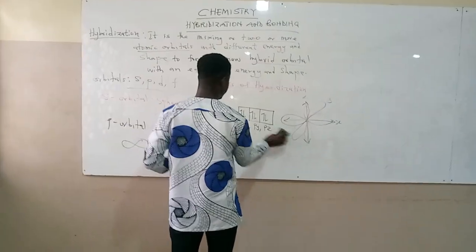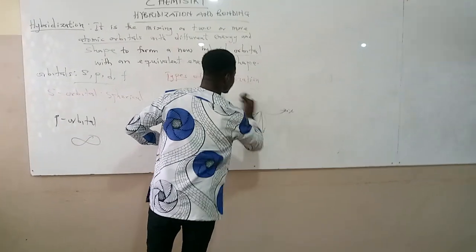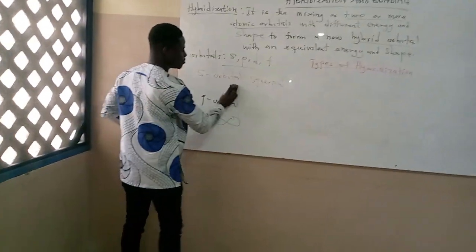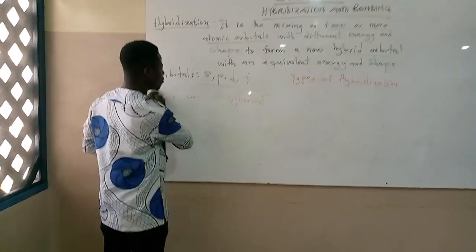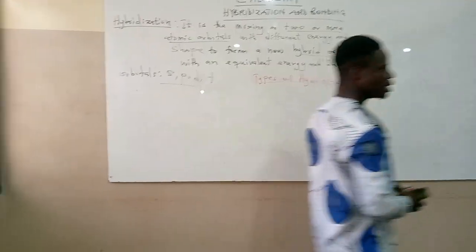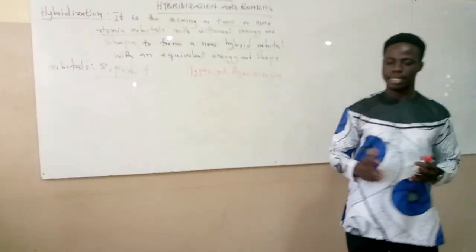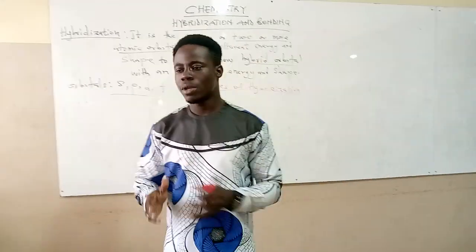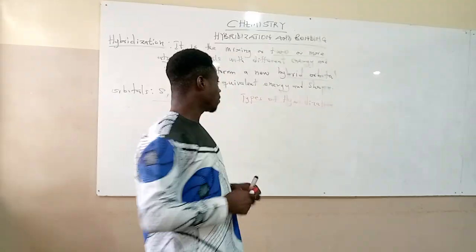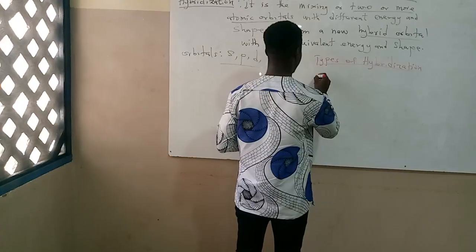Having said that, quickly, since we know the s orbital is spherical in shape, we are now going to look at the types of hybridization. Now there are so many types of hybridization, but in this video, we are going to focus on about 4 or 5 of them. So let's look at the types of hybridization.